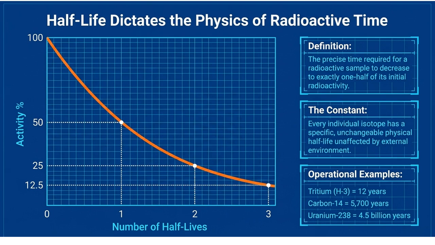Every isotope has a specific, unchangeable physical half-life, unaffected by its environment. For perspective, the half-life of tritium is 12 years, while uranium-238's half-life is 4.5 billion years.